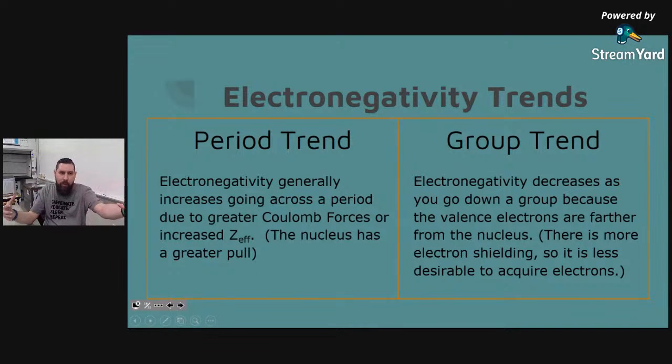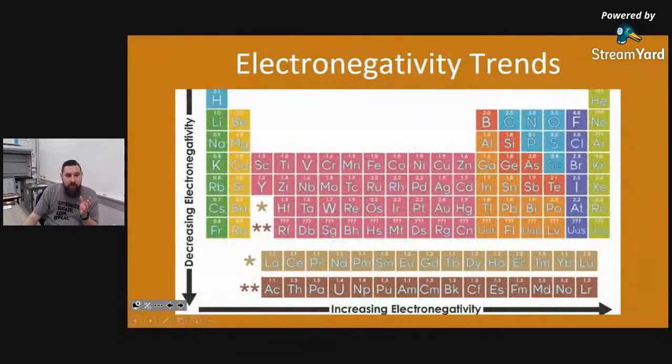It's not going to be able to pull in additional electrons through a bond. So electronegativity decreases as you move down a column. Okay, so this is again an overview. As you move down, electronegativity decreases. As you go across, it increases.